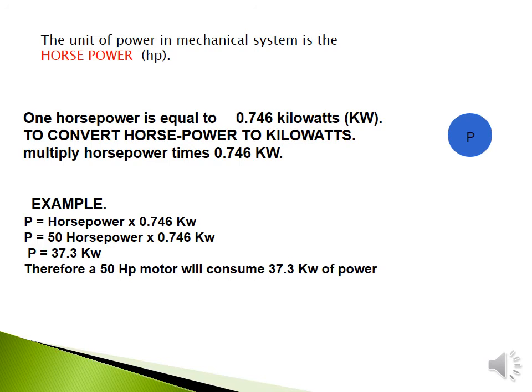Now by example, P is equal to horsepower into 0.746 kilowatt. P is equal to 50 horsepower multiplied by 0.746 kilowatt. So P should be 37.3 kilowatt. Therefore a 50 horsepower motor will consume 37.3 kilowatt of power.